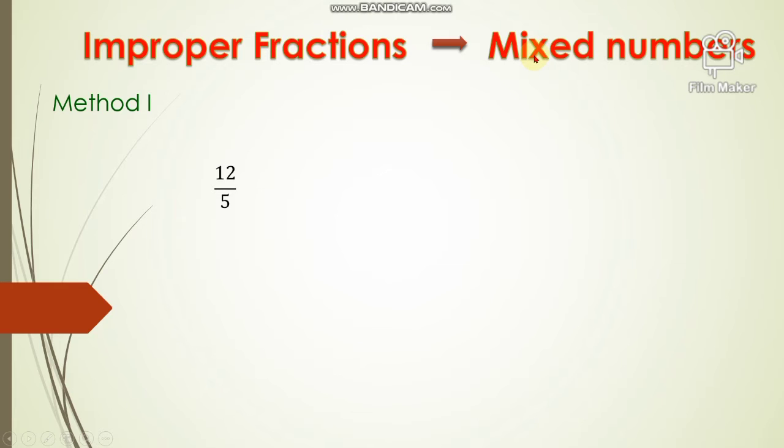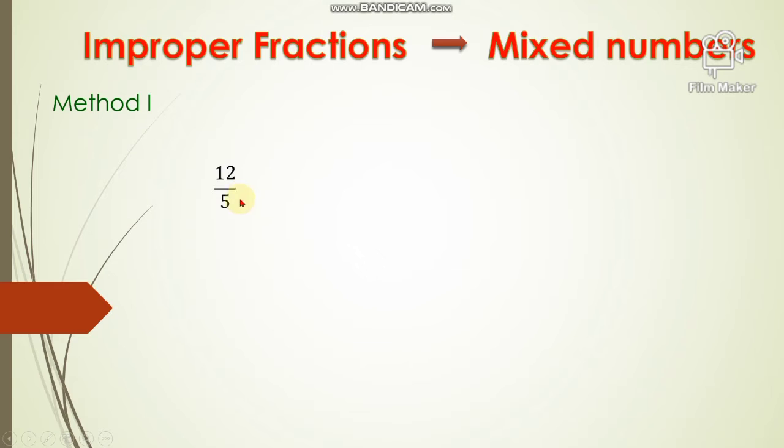You know a mixed number consists of a whole number part as well as a fractional part. So to convert this into a mixed number, you have to divide this fraction into a set of fractions. Some fractions should represent whole numbers, while the remainder should represent the fractional part.